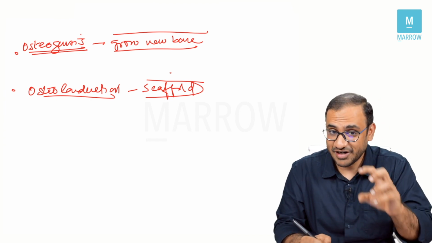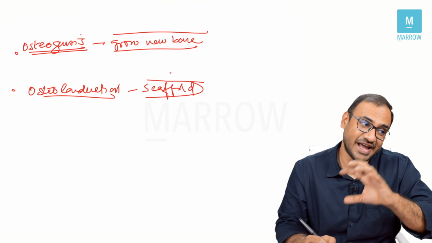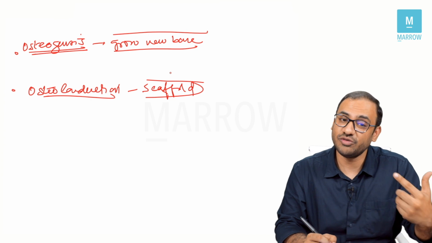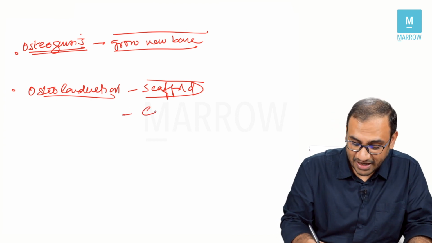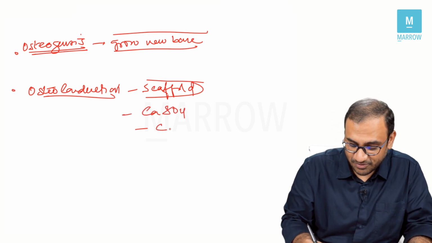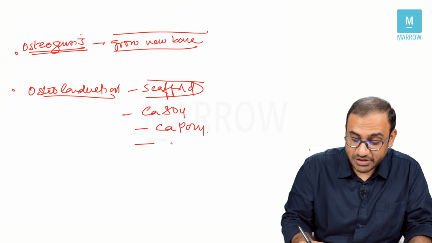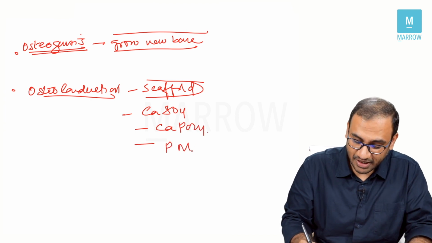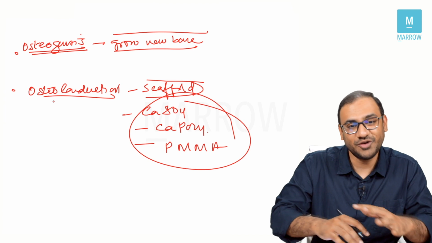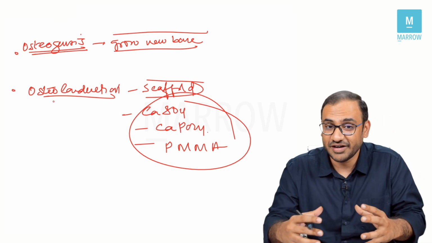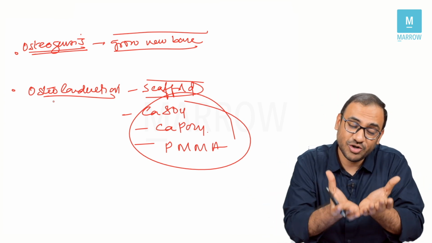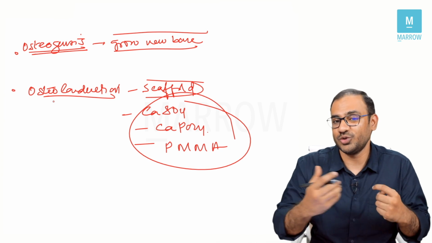Now, we have drugs or we have substances that can act as a scaffold for new bone formation, and those are your calcium sulfate, calcium phosphate, bone cement in the form of polymethyl methacrylate. Okay, so all of these things are osteoconductive. They provide scaffold or surface area for the new bone to grow on.